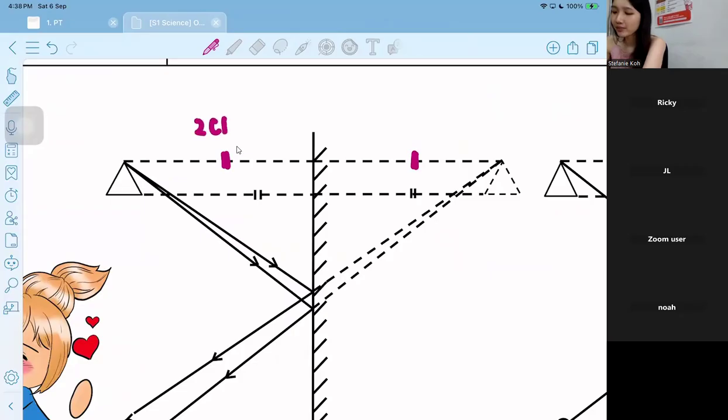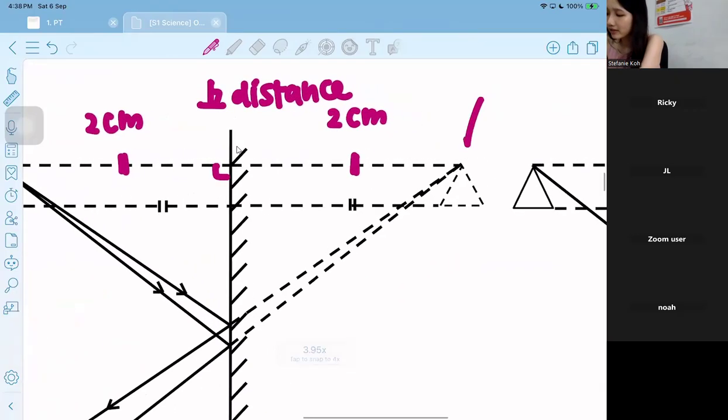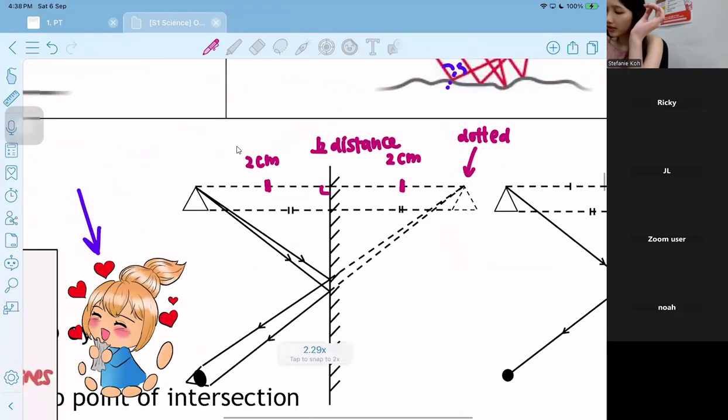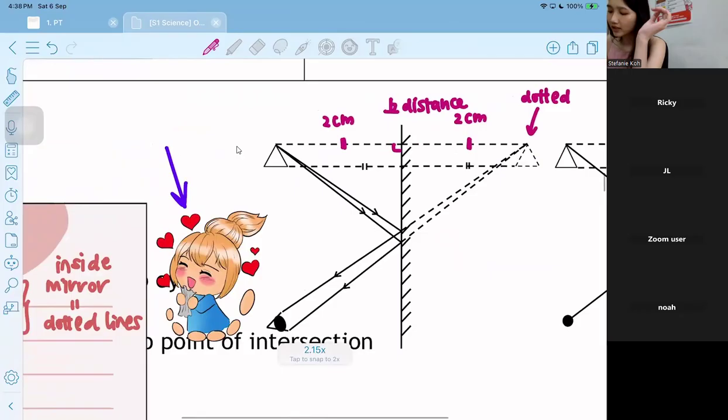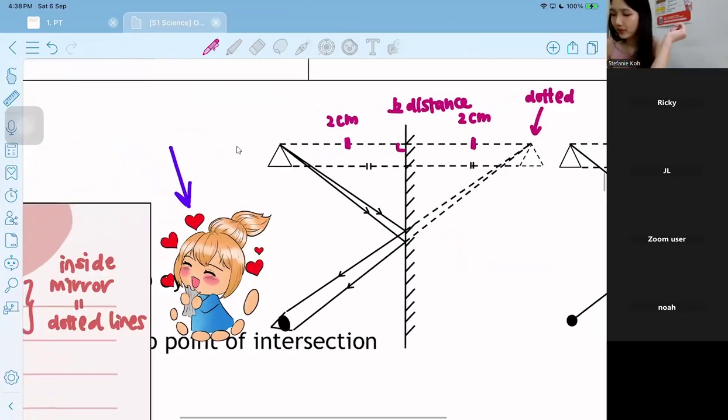If this is 2 cm, this must be 2 cm from the mirror as well. Perpendicular distance from the mirror. Once you find your image, use a dotted line, because everything in your mirror is virtual. It's not real. So dotted line. Take note of that. You see in the diagram also that everything inside the mirror is dotted.